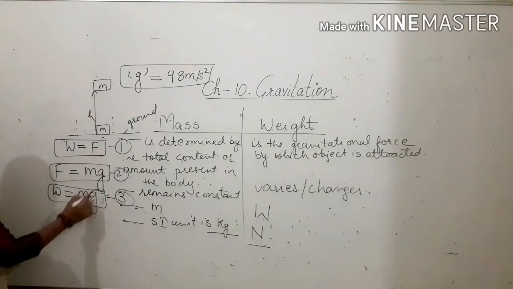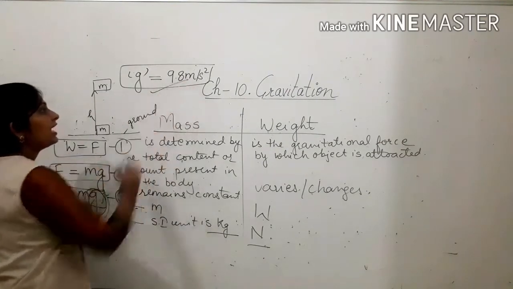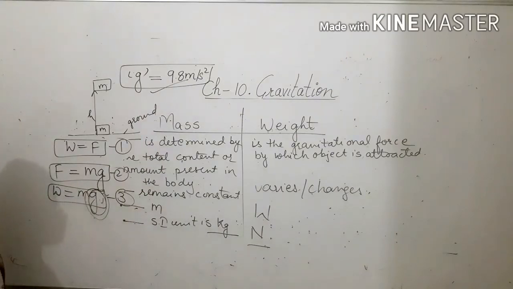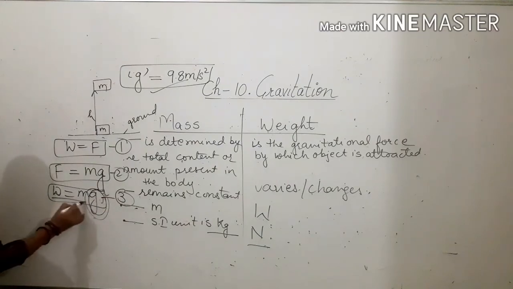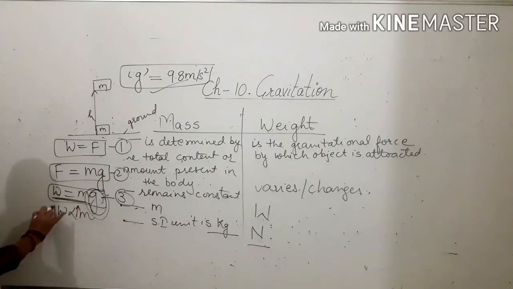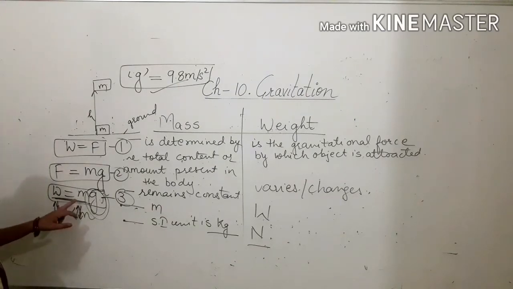Now as you know, this small g, acceleration due to gravity, has a constant value of 9.8 meter per second square on earth. So this g is constant. Then what is the relationship between weight and mass? If mass is more, weight is more. If mass is less, weight is less. And it is obvious, because if mass is more, then it multiplied with the constant value of g will result in more weight.